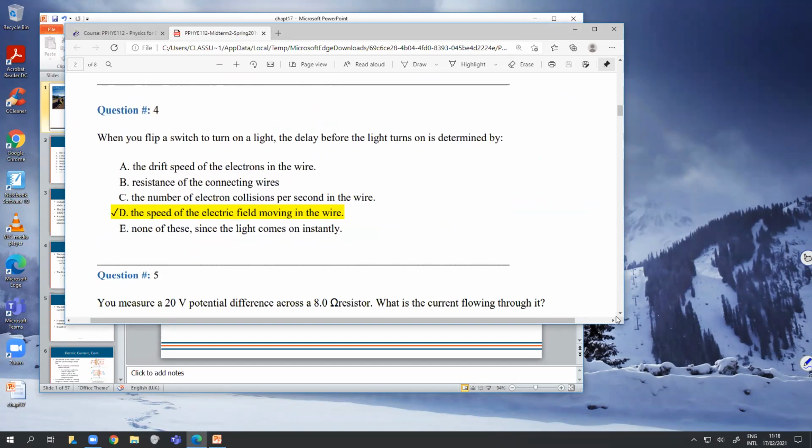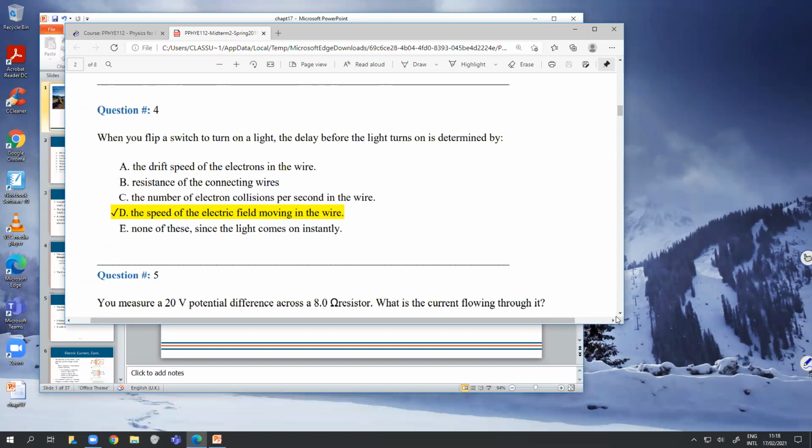Question number 4. When you flip a switch to turn on a light, the delay before the light turns on is determined by, you know the answer to that, right? It's a concept that I stressed while doing that simulation. When you turn the switch on, the light comes on immediately, almost instantly.